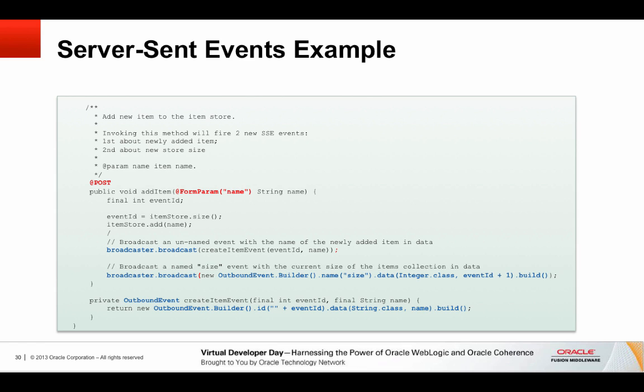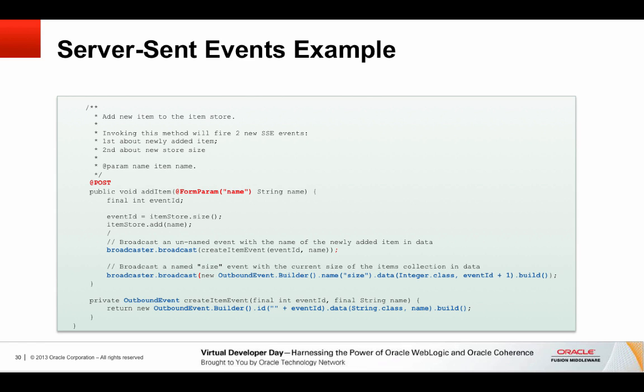And then in a final method here, it's a POST operation, so from the client, they can issue a RESTful call and initiate a POST. In this case, I'm expecting a standard HTTP form parameter to come through with a name. I add that to a store here, so it's essentially an item. And then I issue two event broadcasts.